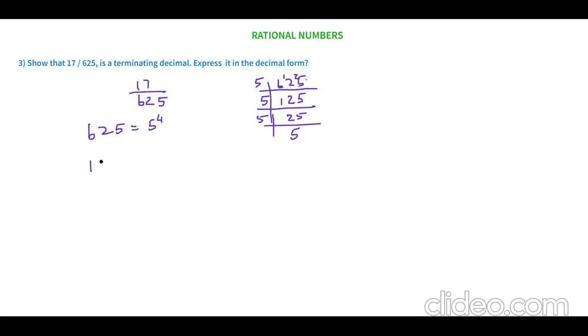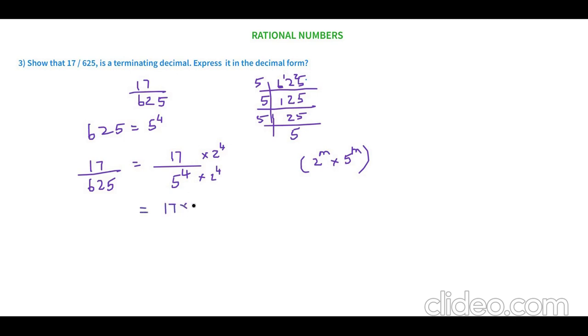So 17 by 625 can be written as 17 by 5 to the power of 4. Now, as you remember the formula which I taught you in the beginning, which is 2 to the power of m times 5 to the power of m. So since we need to get this, I'm going to multiply the numerator and denominator with 2 to the power of 4 because I already have 5 to the power of 4. So what do I get here?